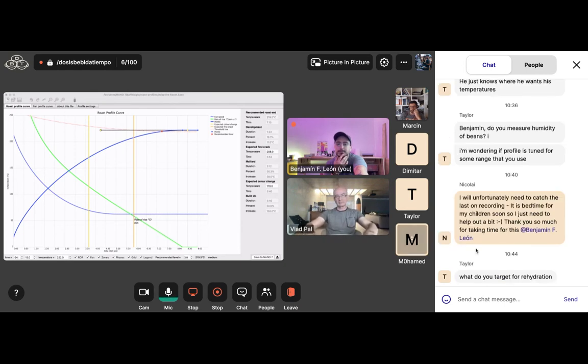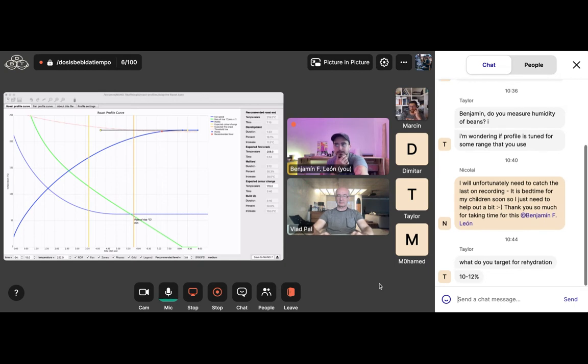But yeah, the profile is really addressed for regular commercial guidelines for moisture in coffee. The usual 10 to 12% moisture is what this profile assumes.